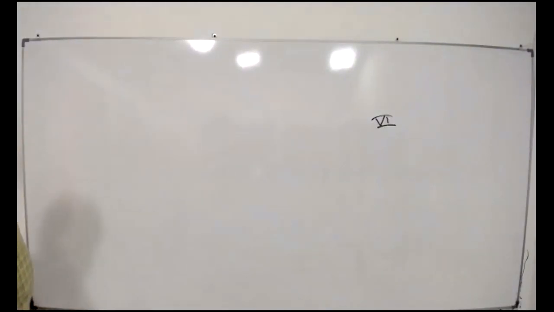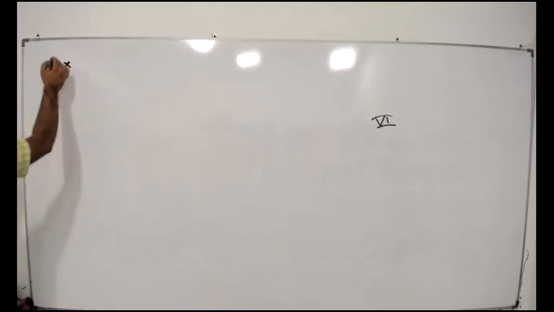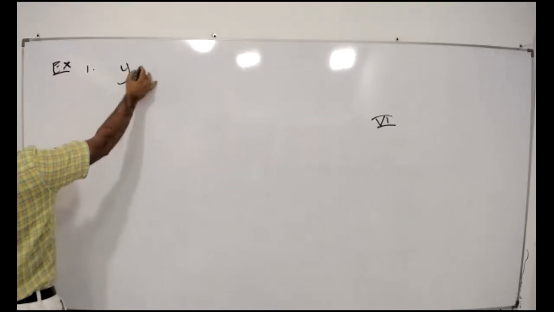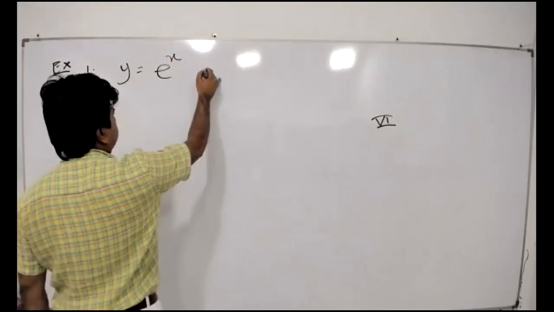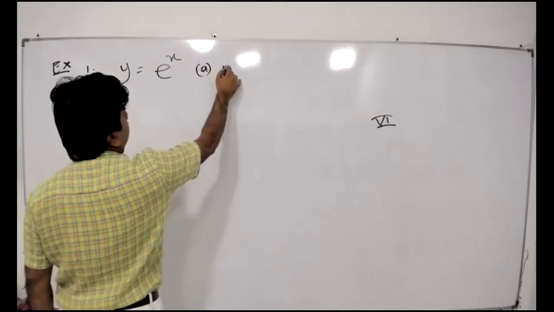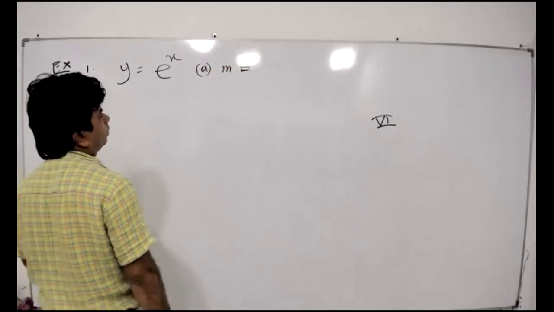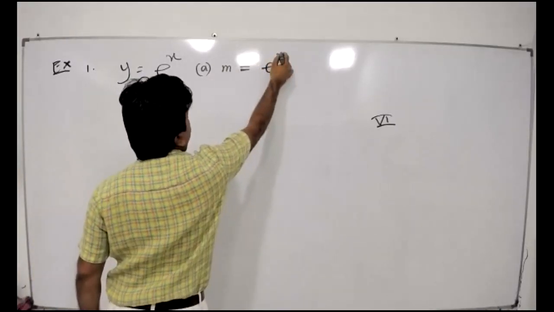And there are a few more examples that should be taken into our note. The first one, y equals e to the power x. Under that, part A for m equals e cubed.